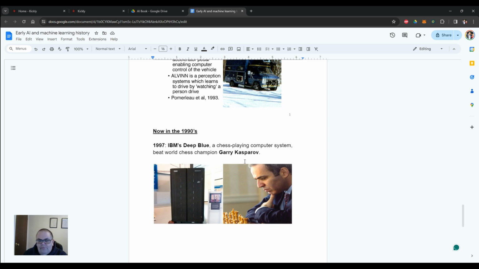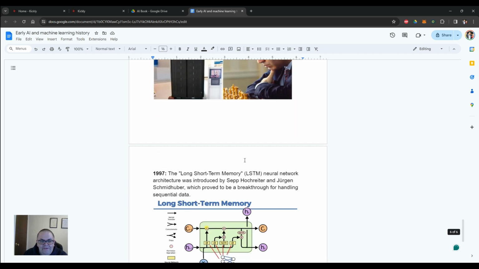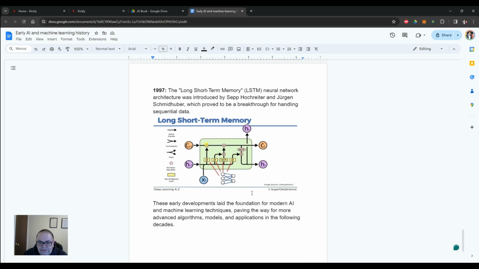He looks very happy there. 1997, the long short-term memory LSTM neural network was introduced by Sepp Hochreiter and Jürgen Schmidhuber, which proved to be a breakthrough for handling sequential data.